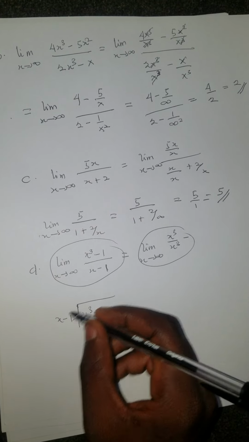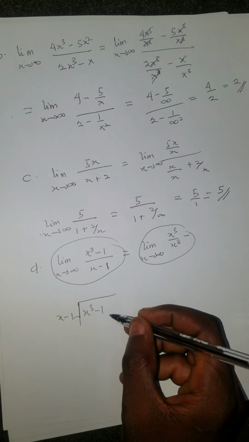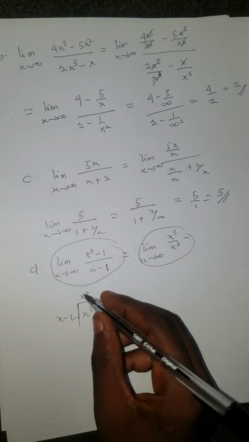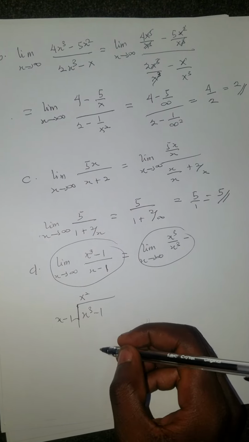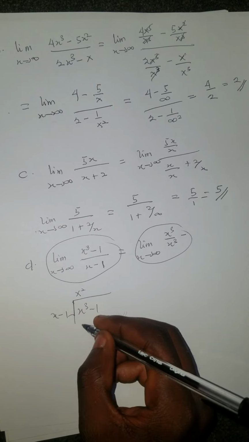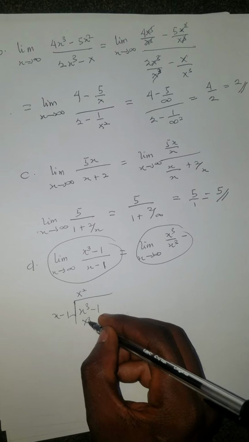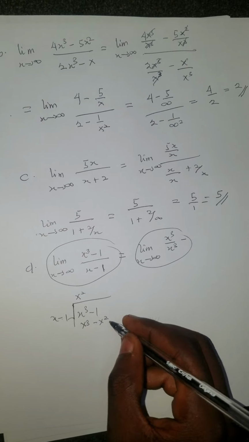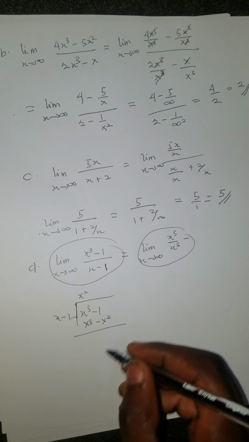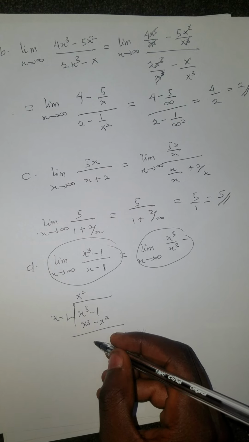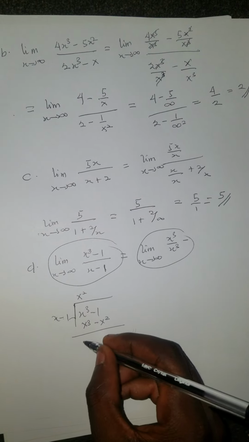Which value will you multiply by x to get x cube? x squared. If you multiply x squared by x, you are going to get x cube minus x squared. And then if you subtract this, x cube minus x cube will be 0.